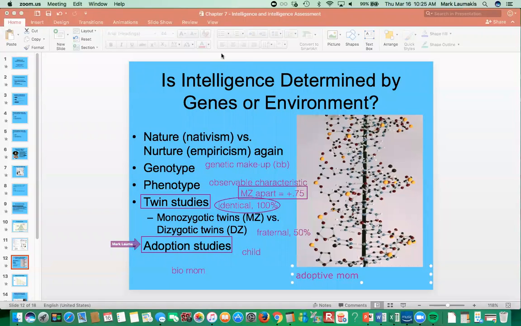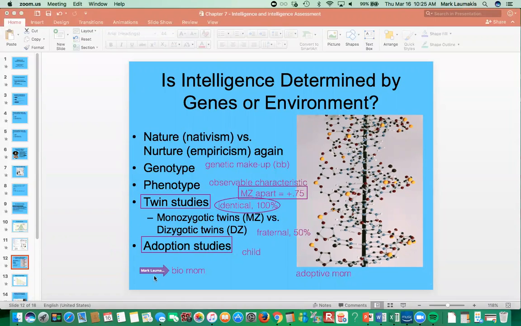Think about this for a second. Child and their bio mom and their adoptive mom. If they're more similar in terms of IQ scores to their biological mom versus the adoptive mom, that would be nature driving it.